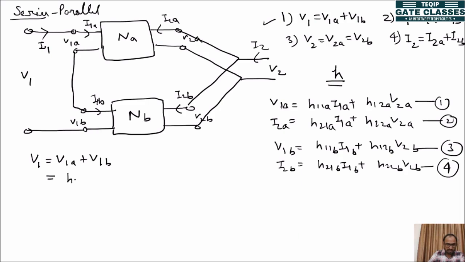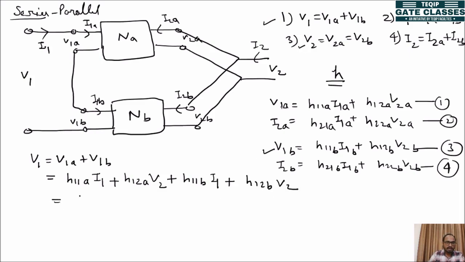You will get H11A I1A, where I1A is nothing but I1, plus H12A V2A, where V2A is nothing but V2. Similarly, V1B is equal to H11B I1B, again I1B is I1 from this condition, plus H12B V2B, which is equal to V2 from this third condition.